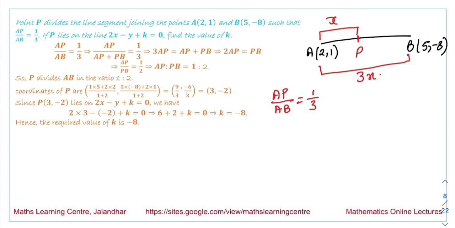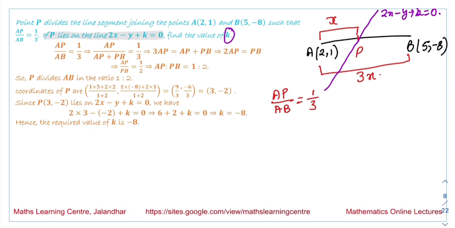It is also given that P lies on a line, and the equation of this line is 2x minus y plus k is equal to 0. These kind of equations we have already studied in our previous chapters, that if a linear equation is given to us, then that represents a straight line. So we have to find the value of this k.